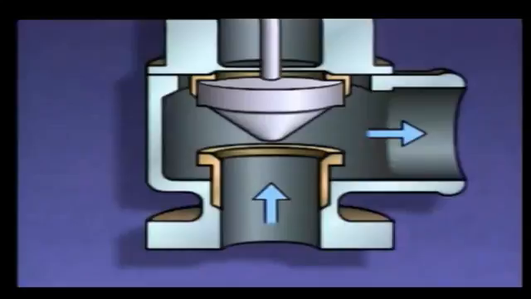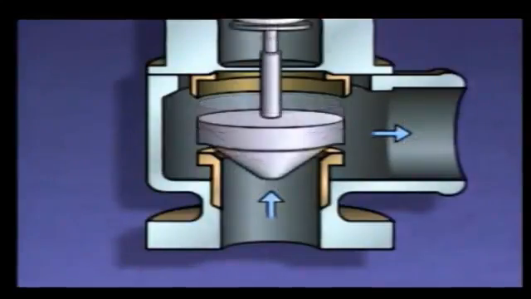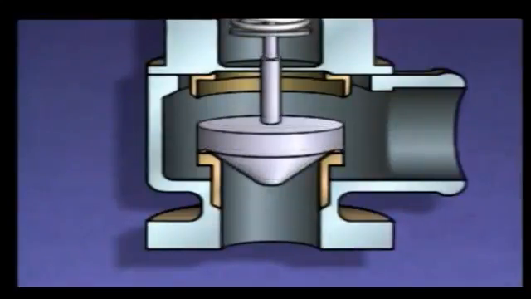Eventually, the force exerted by the spring takes over and pushes the disc down. However, when the system pressure gets down to the point where the valve popped open, 200 psi, the valve still doesn't close because the lip of the disc is still exposed to the pressure of the escaping liquid or gas. The valve won't close until system pressure drops below the pressure needed to pop the safety valve open.